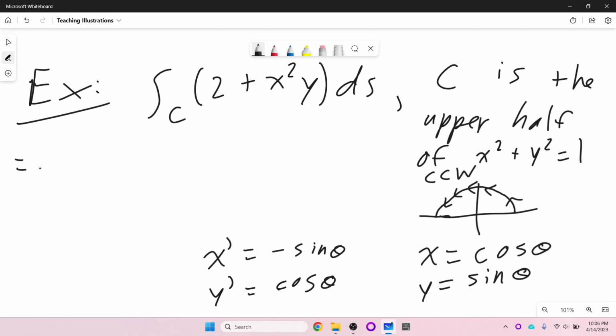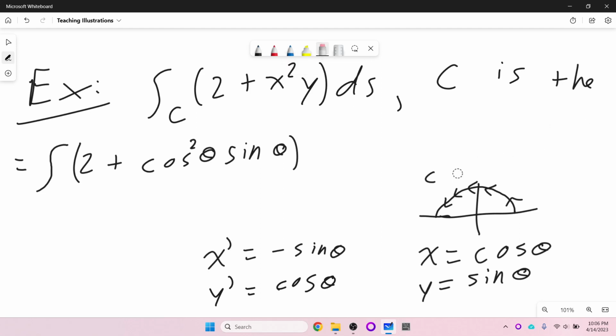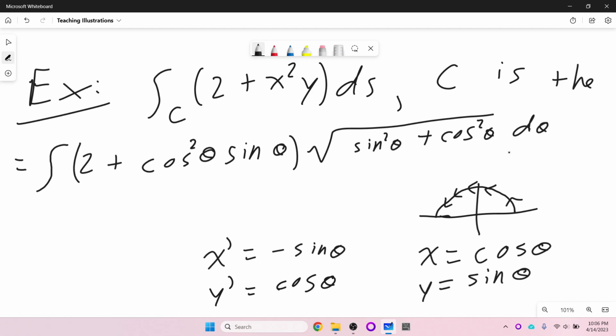So our formula says we are going to evaluate this as, let's plug in here, 2 plus x squared, so that's cosine squared theta sine theta, times, let me erase this, it's kind of in the way, the square root of x prime squared, so that's sine squared theta plus cosine squared theta d theta.